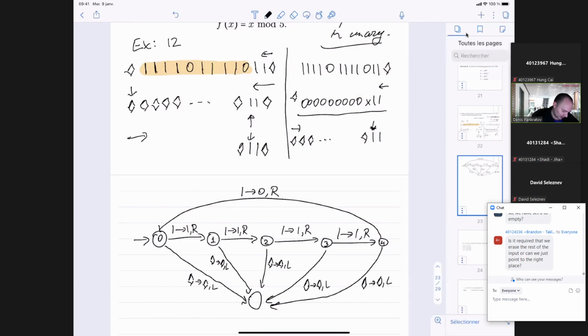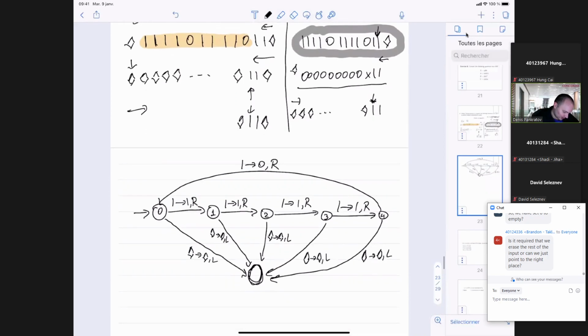Okay, so this new state in the middle that I drew essentially corresponds to this situation over here. Actually, no, it corresponds to this situation, and we start moving to the left. So we're kind of pointing to a character here.